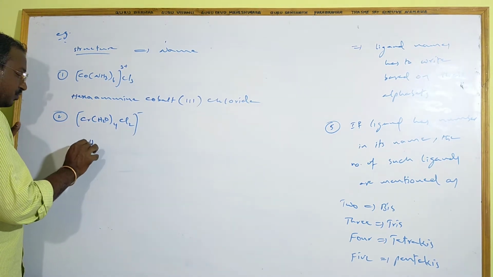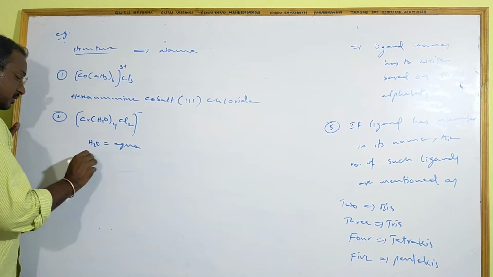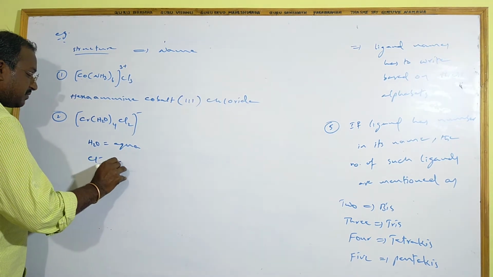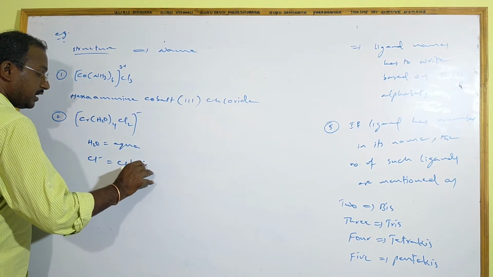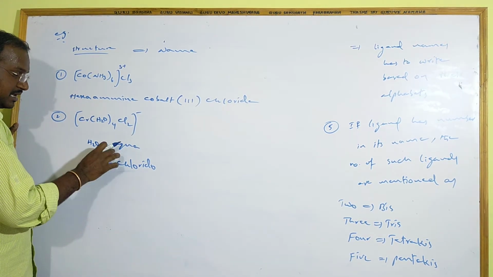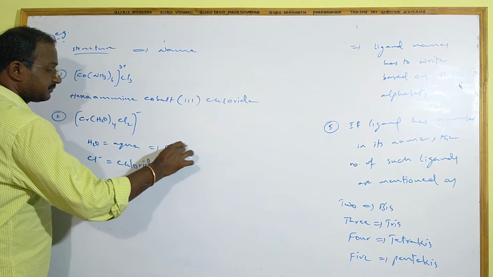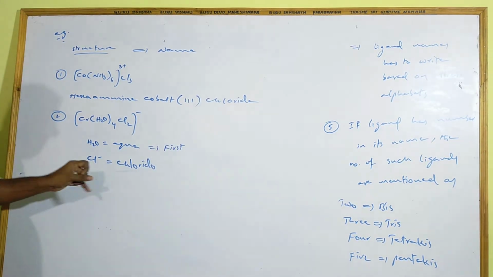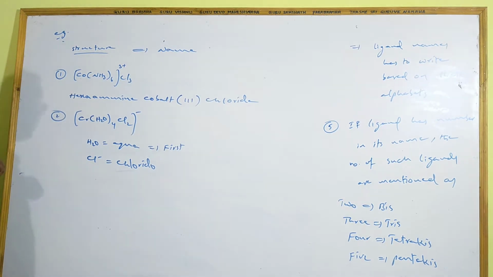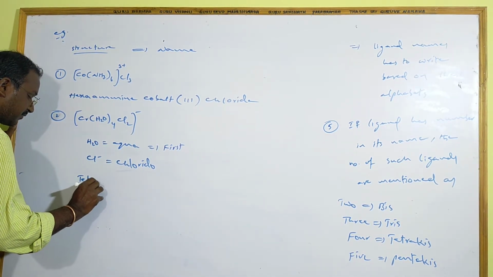So the H2O name is aqua. Cl minus, its name is chlorido. Which one will come first? Aqua, because A comes first, so we mention this one first. After that, chlorido. How many are there? Four, so tetra.